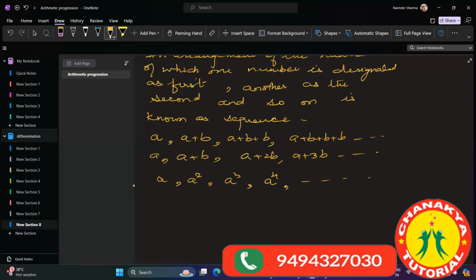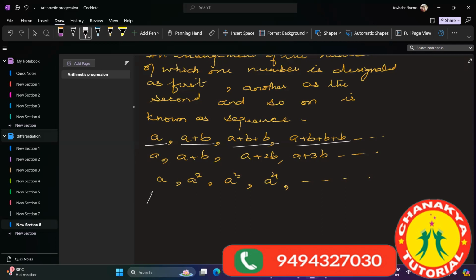In each of these arrangements, your numbers are arranged in a definite order according to some rules. Some rules are applied here. If you are seeing this A plus B, A plus B plus B, so if you observe this, the first term is A. Children, kindly be on unmute.